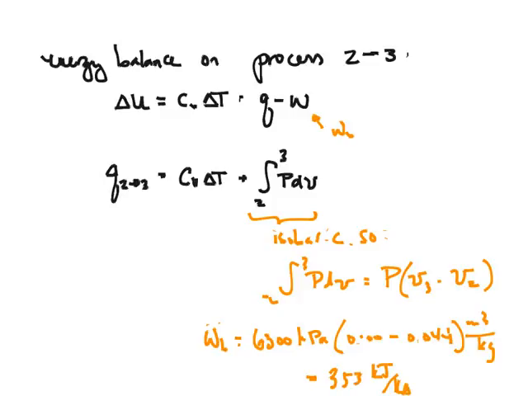Now, I also find that my CV, I can find this from the property tables, is 0.718 kilojoules per kilogram Kelvin. And so now let's go ahead on the next slide and plug all those numbers in and calculate our Q2 to 3.